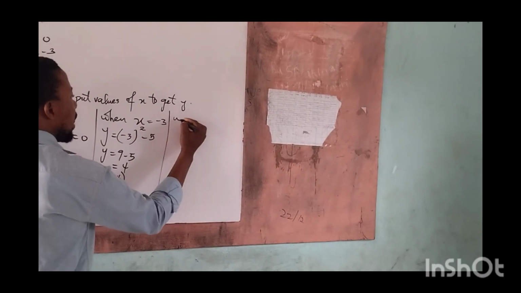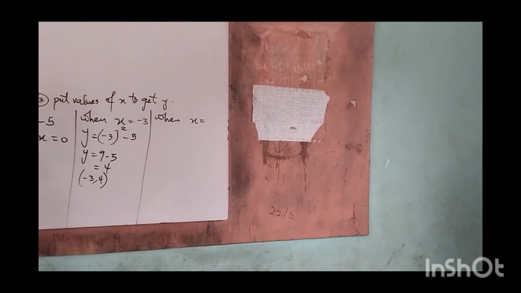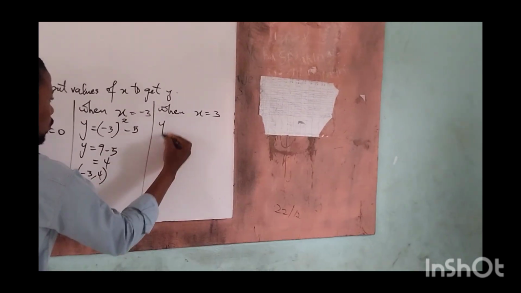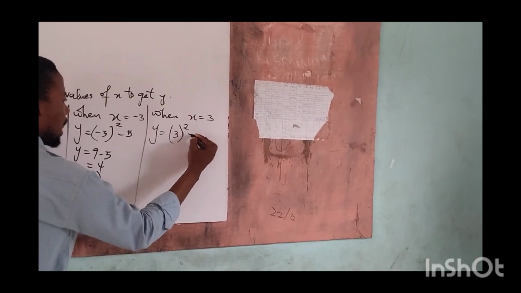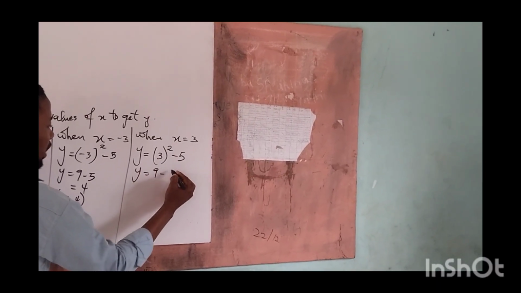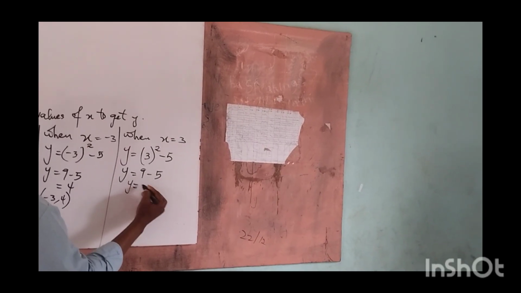Also, when x is equal to 3, I will have y equal to 3 squared minus 5, which is equal to 9 minus 5. So it means that I have y equal to 4.